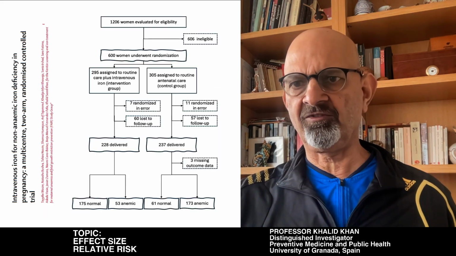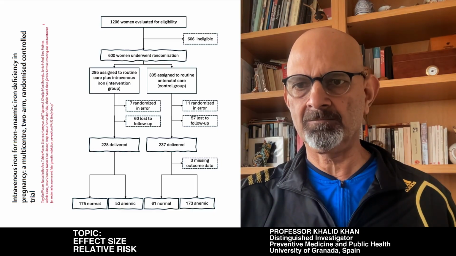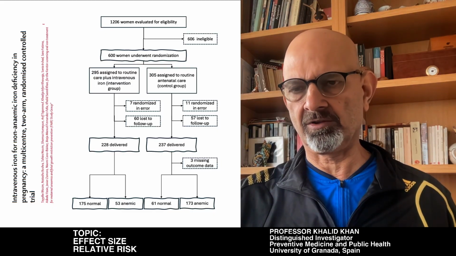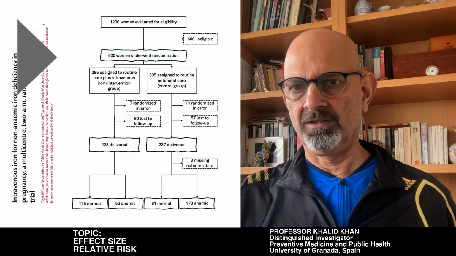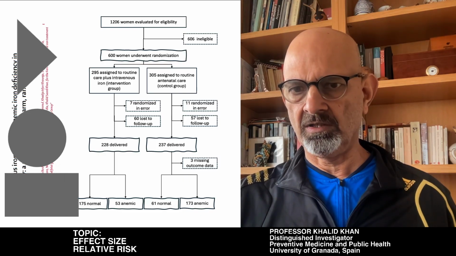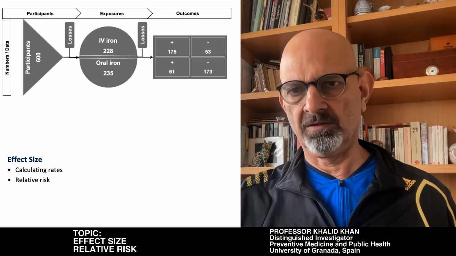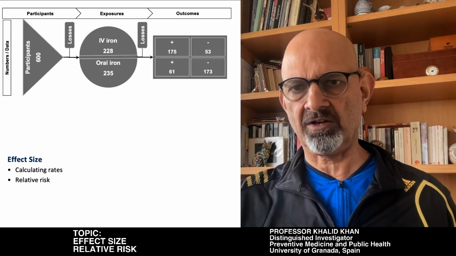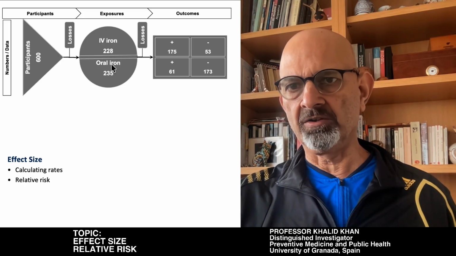So simplifying that more detailed flow diagram earlier and incorporating the data from the outcome table, here we have the triangle, here we have the circle, and here we have the outcomes. And populating the flow diagram, we have 600 participants randomized into these two groups.